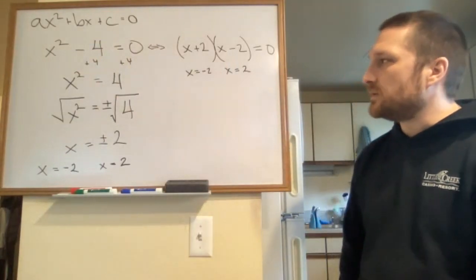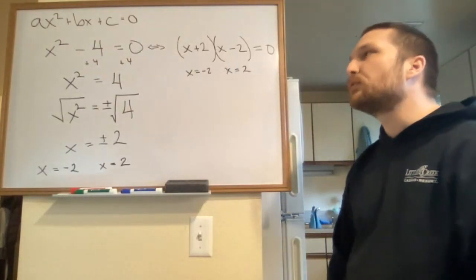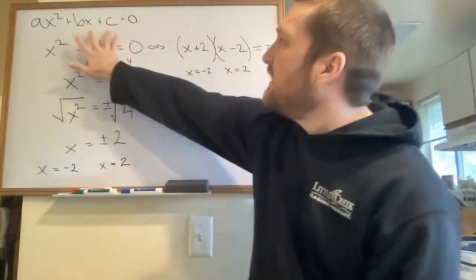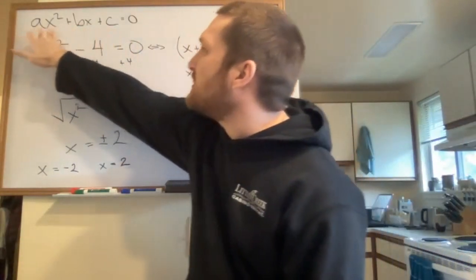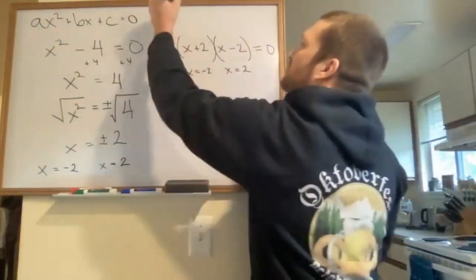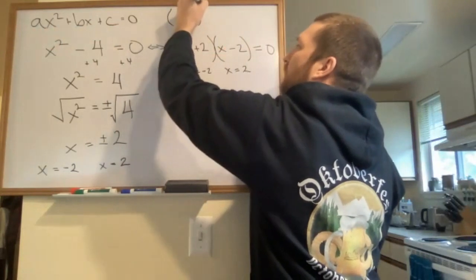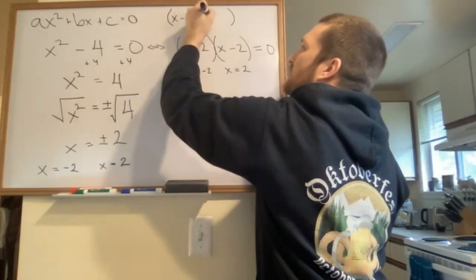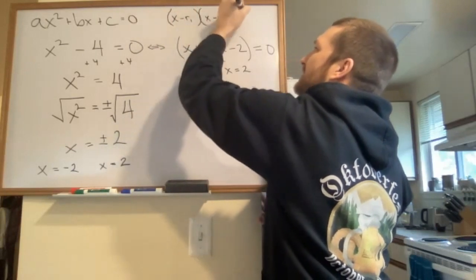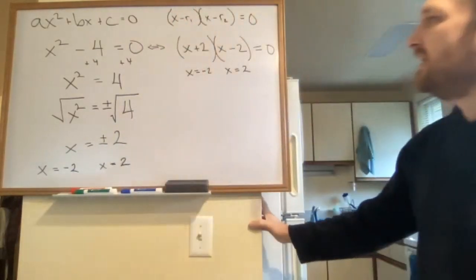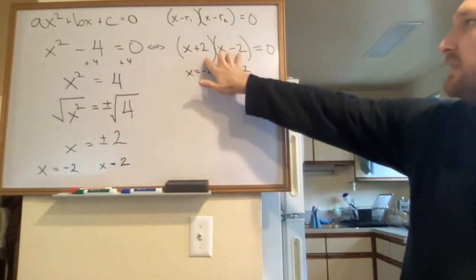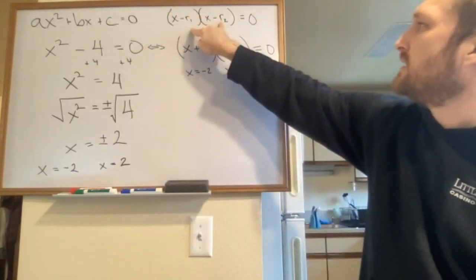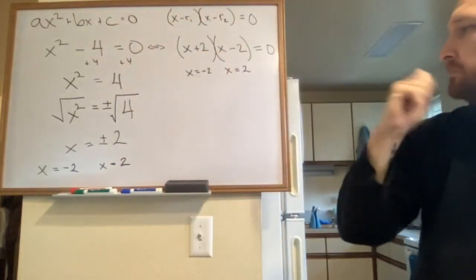Another thing we could do. Check this out. Now, this is pretty cool. So in the beginning, we were saying if it's possible to rewrite this so that it's factorable, that is, if you could write it as x minus one of the roots times x minus the other root, like that, which we ended up doing just like this. If you could write this like this, then your answer is pretty easy.